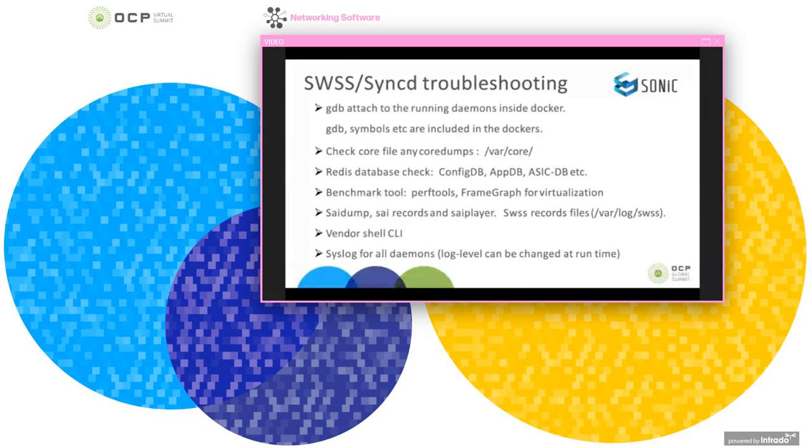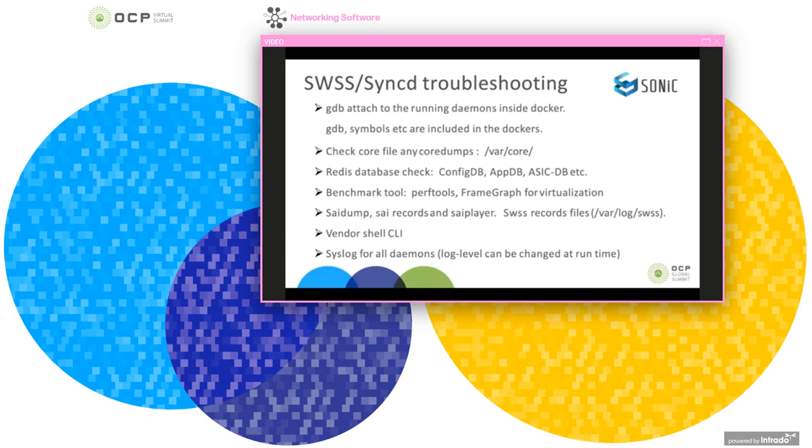Okay, so next are the SONiC core daemons, the SWSS Docker and the Syncd Docker, right? As we mentioned before, it's pretty much using C++ for all those daemons, and to deep dive and troubleshoot those problems, we use GDB. In our case, we build all the daemons with symbols on the production image.